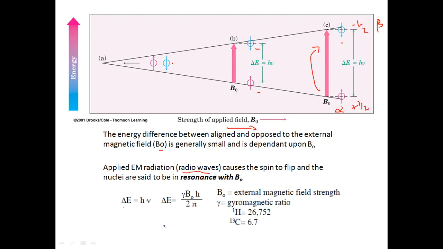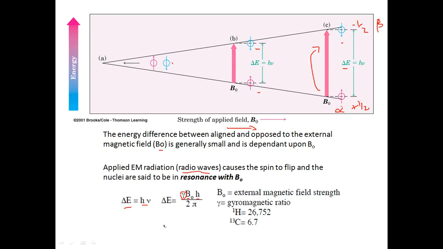So the energy difference between the two nuclear spin states, that is alpha and beta, is given as h nu. This delta E equal to h nu is directly proportional to the external magnetic field, the Planck's constant, and a term called the gyromagnetic ratio, which is given as gamma.